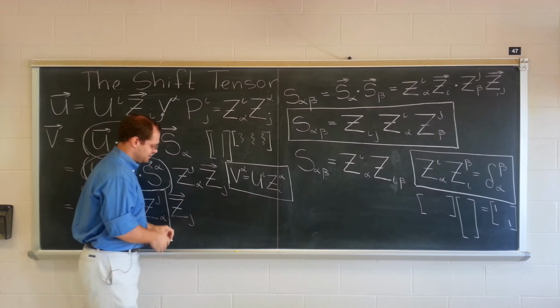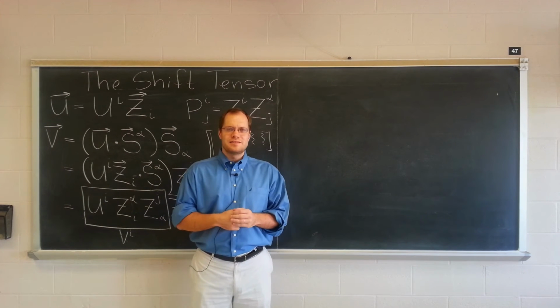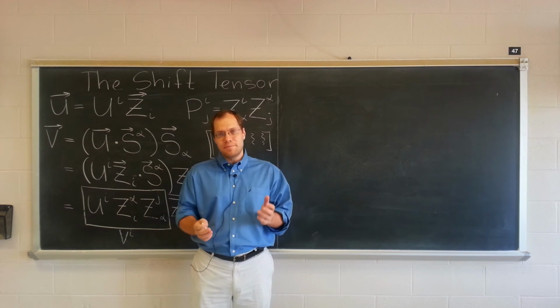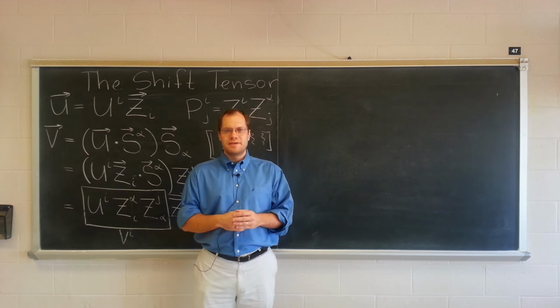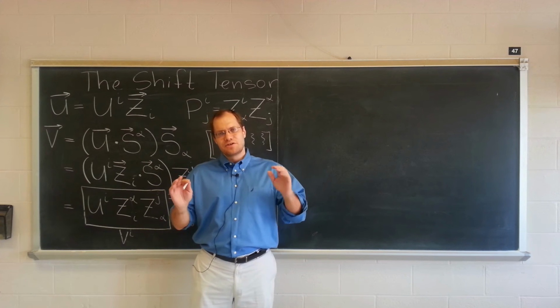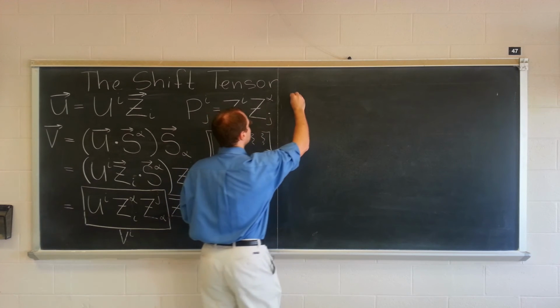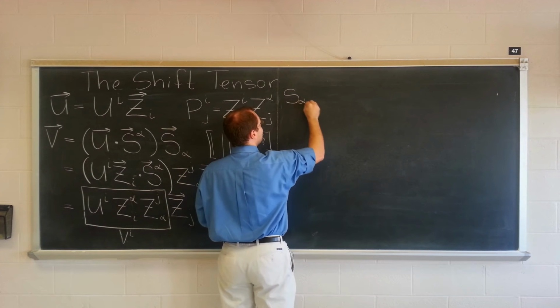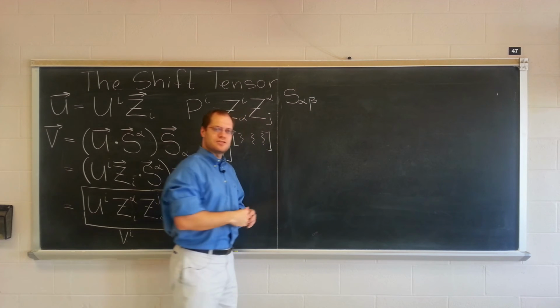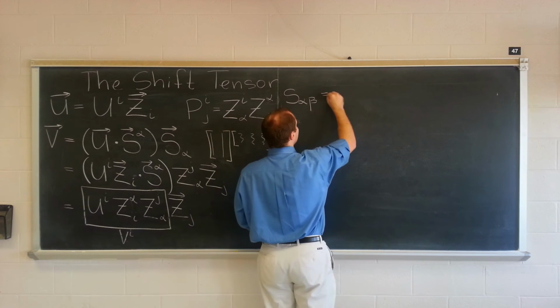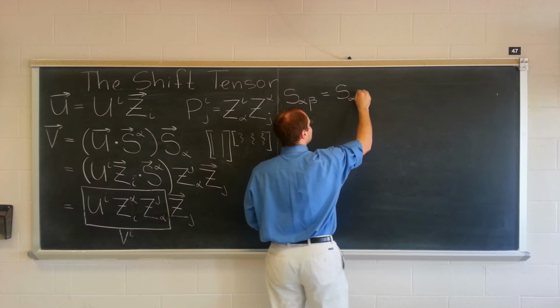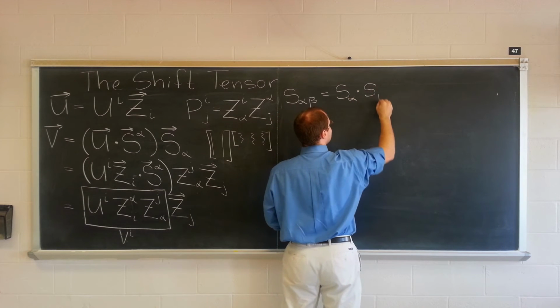Okay, let's discover the relationship between the ambient and the surface metric tensors. A very quick and simple calculation with very important implications. So we know that S alpha beta, the covariant metric tensor on the surface, is defined as the pairwise dot product of the covariant basis elements.